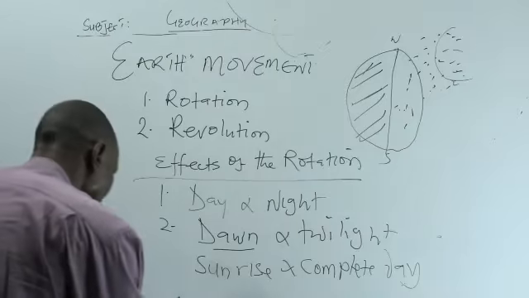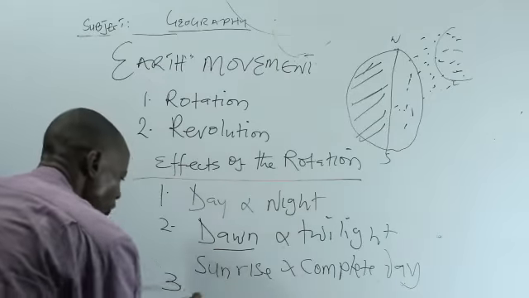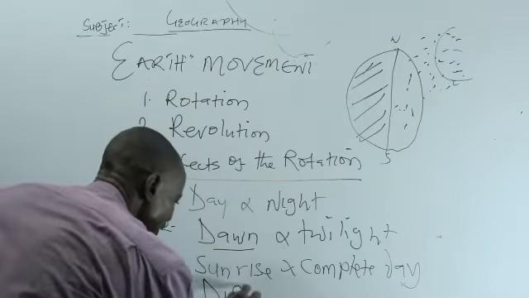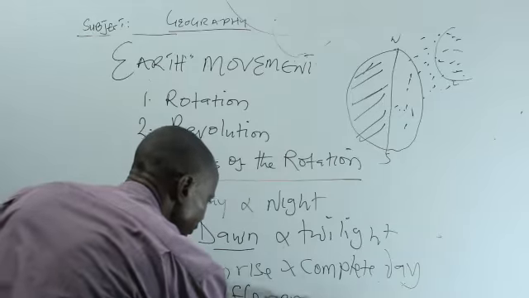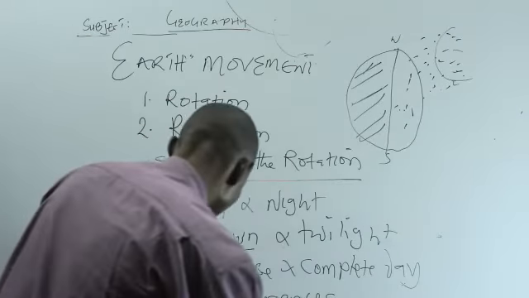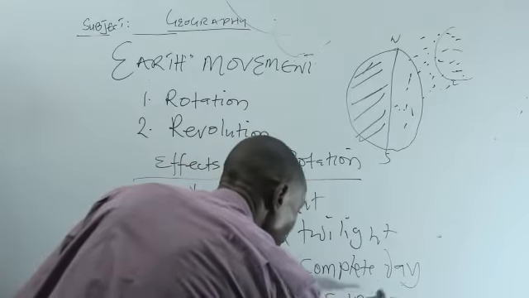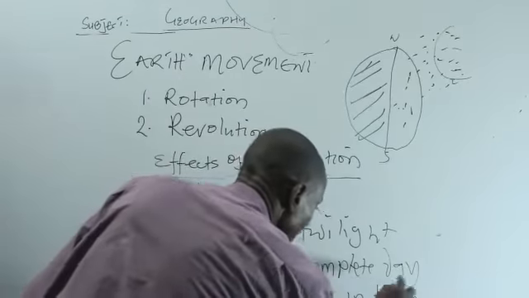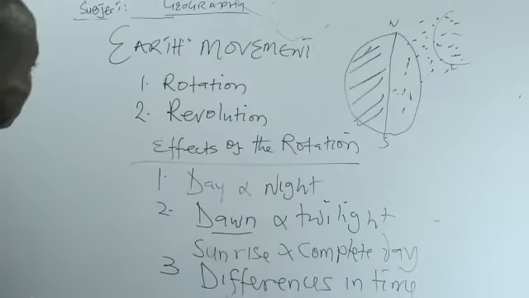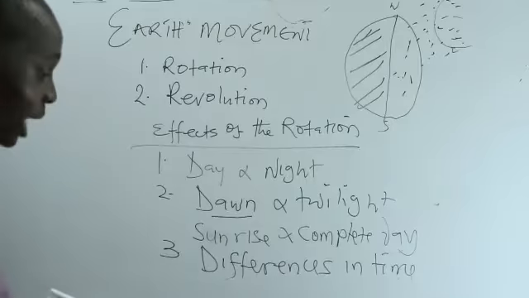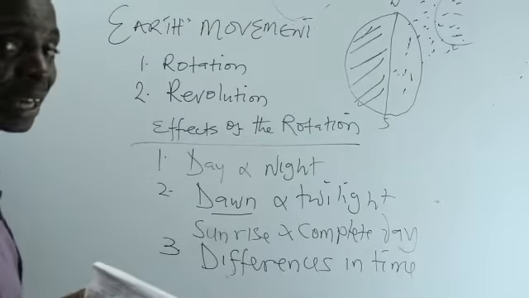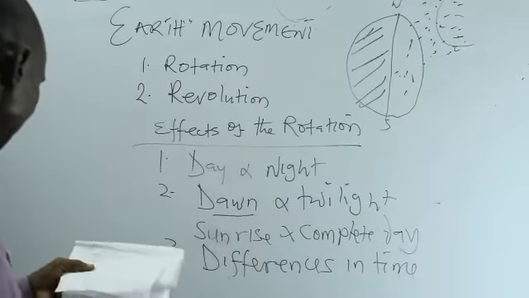Then number 3, we have differences in time. I've explained that when I was proving that the earth was not flat but spherical. I gave the example of Ghana and Nigeria.